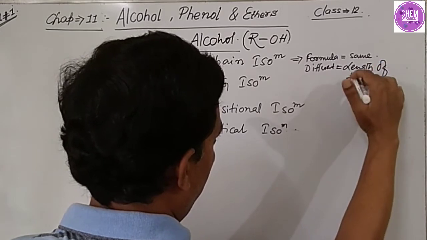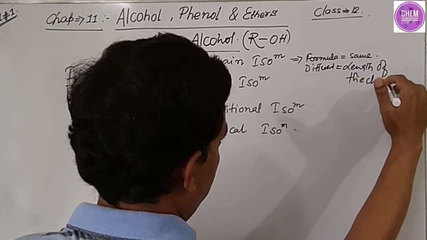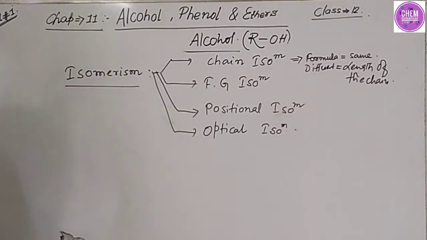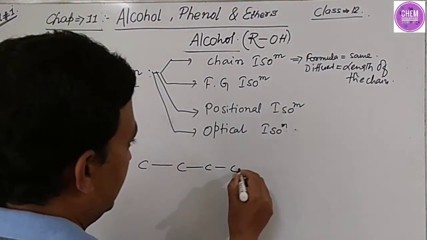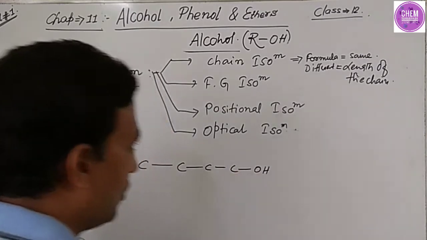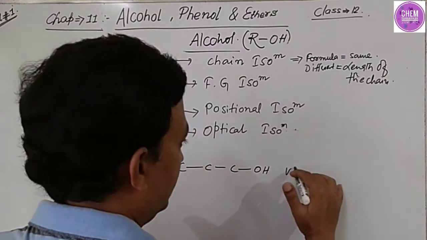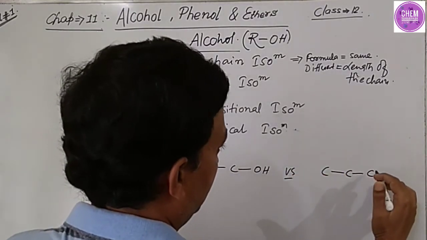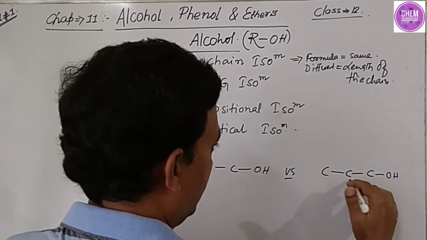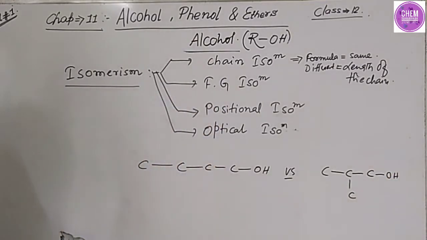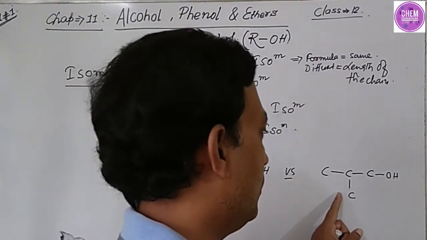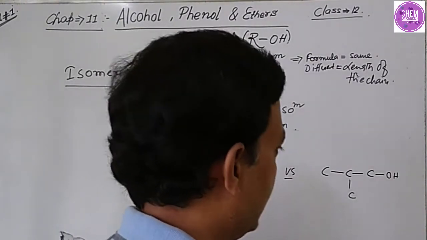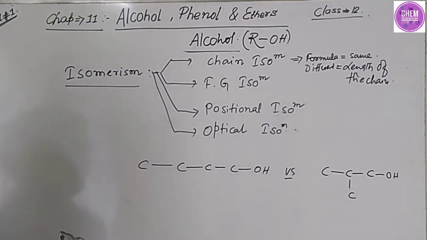As for example, let us take an example of 1-butanol versus isobutanol or sec-butanol, secondary butanol.